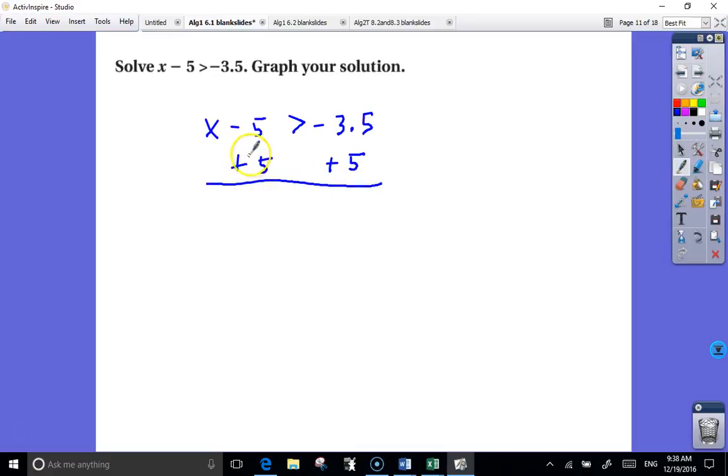The 5's cancel on the left. X. Does the inequality symbol change because we just added 5? No, it stays the same. And what's negative 3.5 plus 5? 1.5. Right? Easy to do.